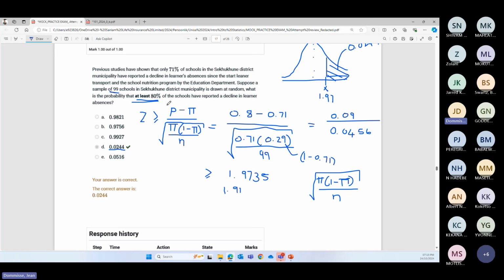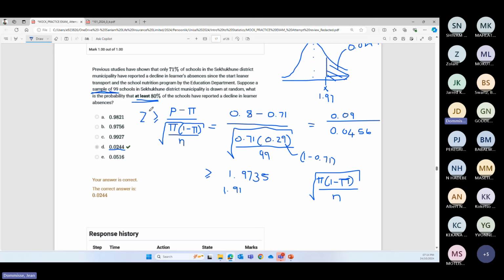The 0.8 is what we want to work out, out of all the previous studies with 0.71. So that's the population, that's the sample. And then we divide by the standard error, which is the 0.71 times 1 minus 0.71, which would give you the 0.29, and your N is that sample of 99 schools.